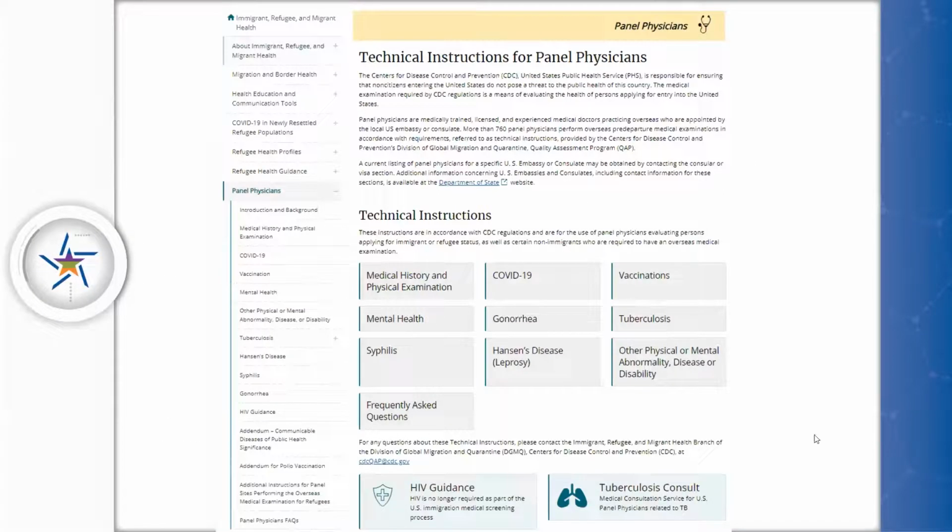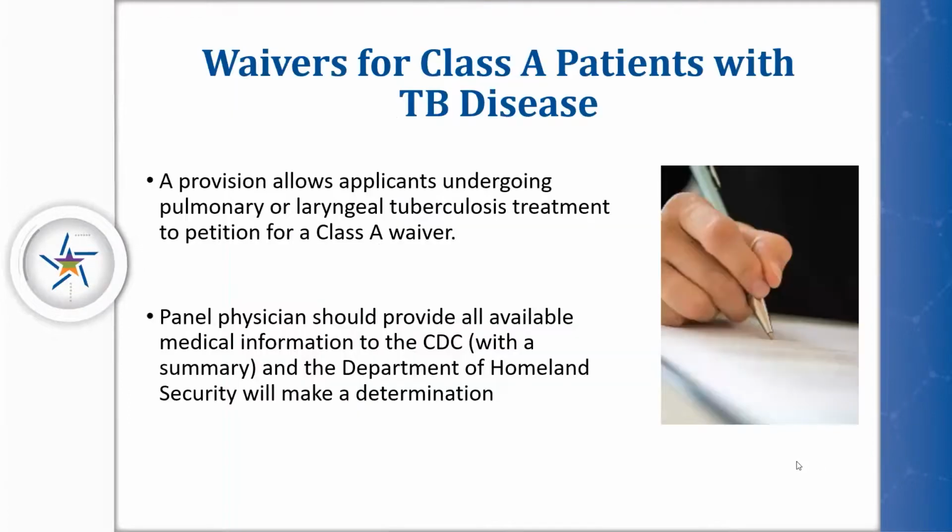Down here on the bottom right is the button on the CDC page on technical instructions for panel physicians, where you can be put in touch with the Centers of Excellence should you have a question. And for patients who have rifampin resistant disease, but basically if you have a very complicated patient that you have some concern about, you can still request a consultation there.